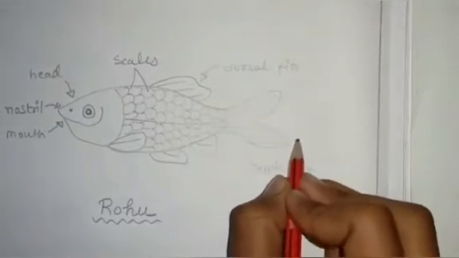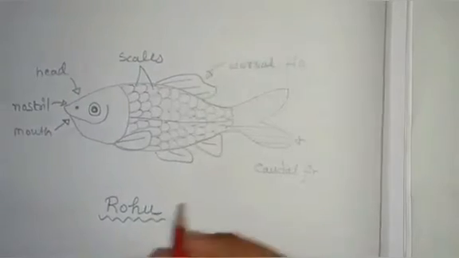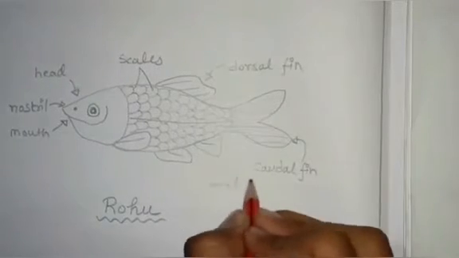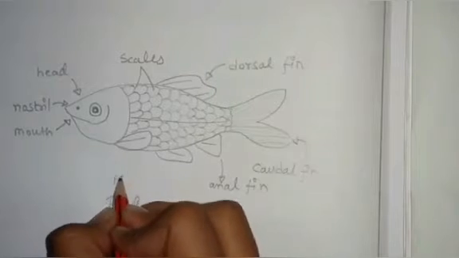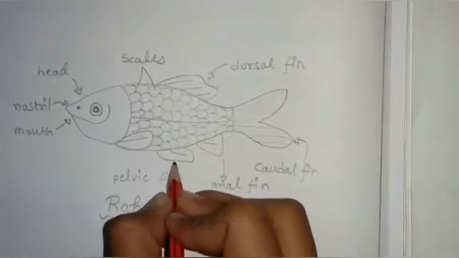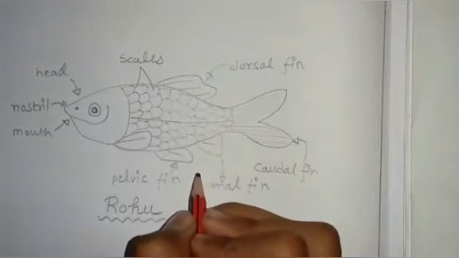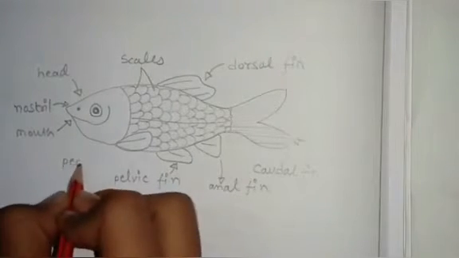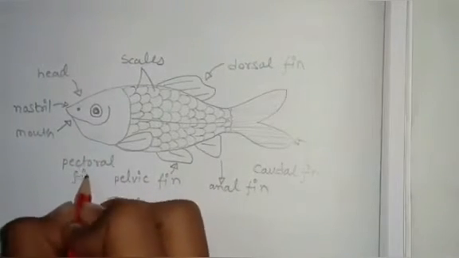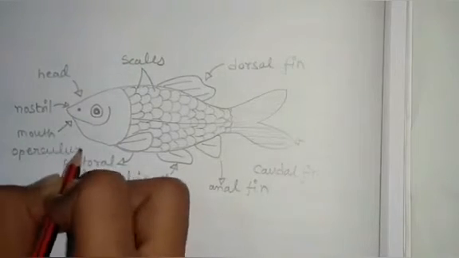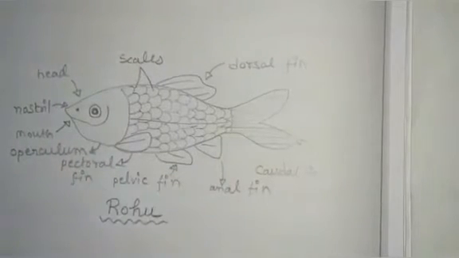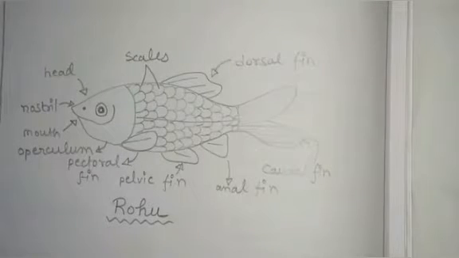Also, there is the dorsal fin, the caudal fin, the pelvic fin and the pectoral fin. Now, fins in general help the fish to locomote, to move around the water. The caudal fin helps to push it forward, while the pectoral fin and the pelvic fin help to direct and navigate the direction that the fish wishes to go.